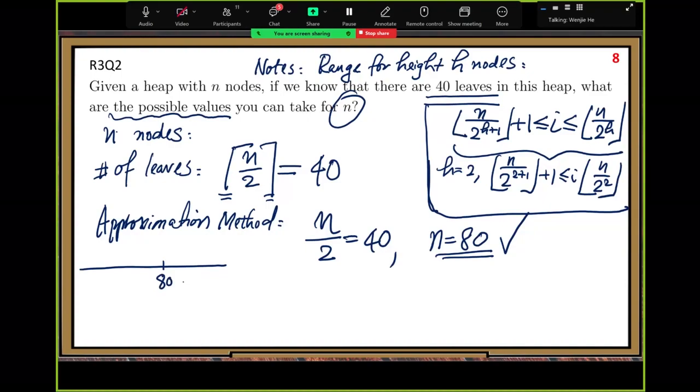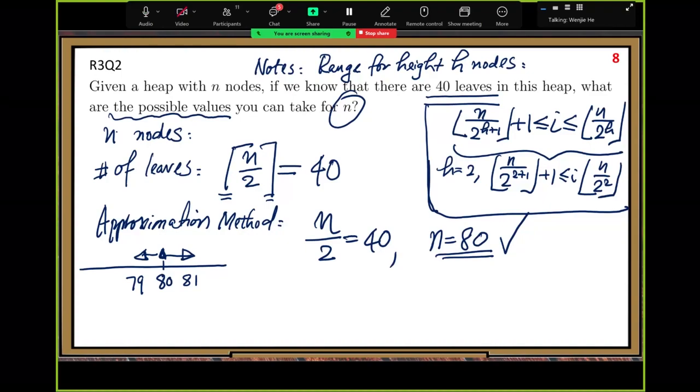Then 81, 79. So you have two directions to go. Starting from your current solution, you try to check two directions, left and right, and see if you can get more solutions.